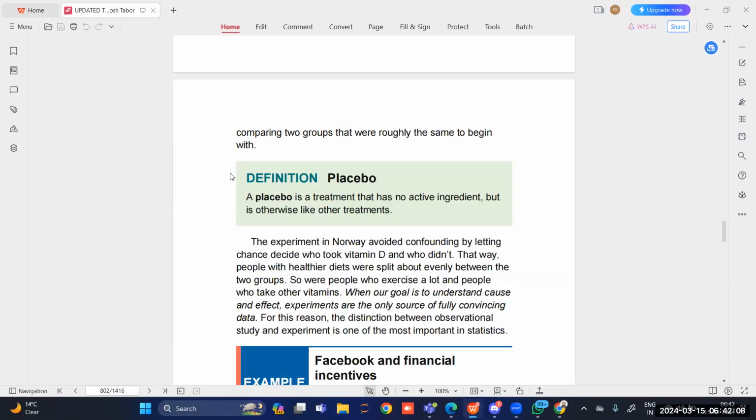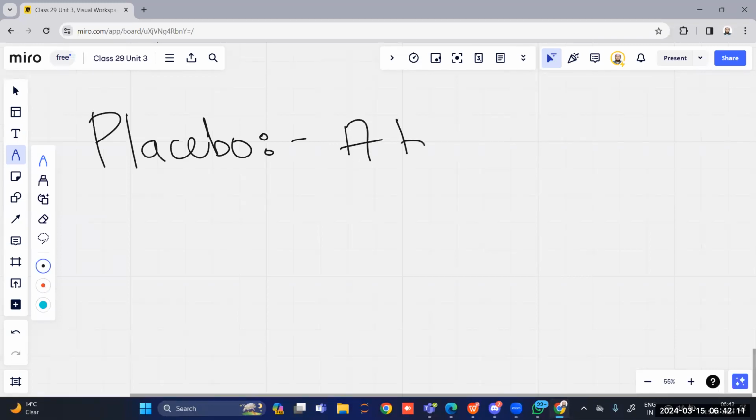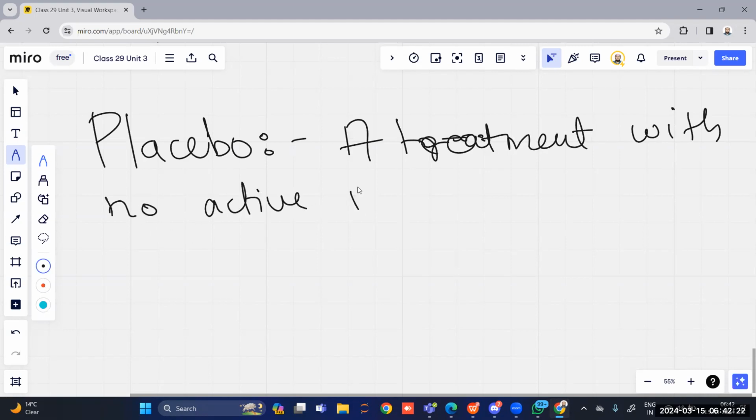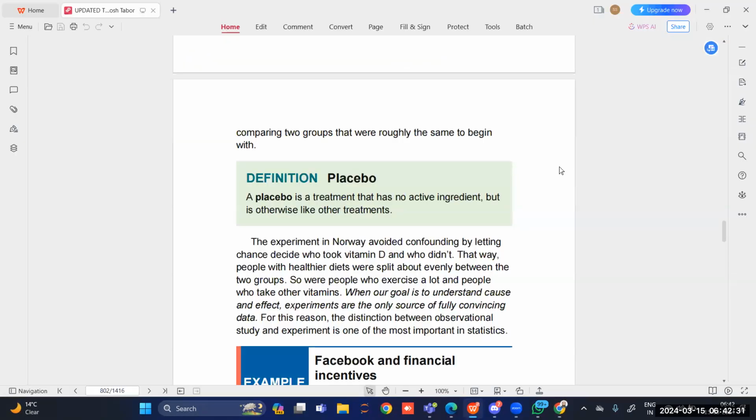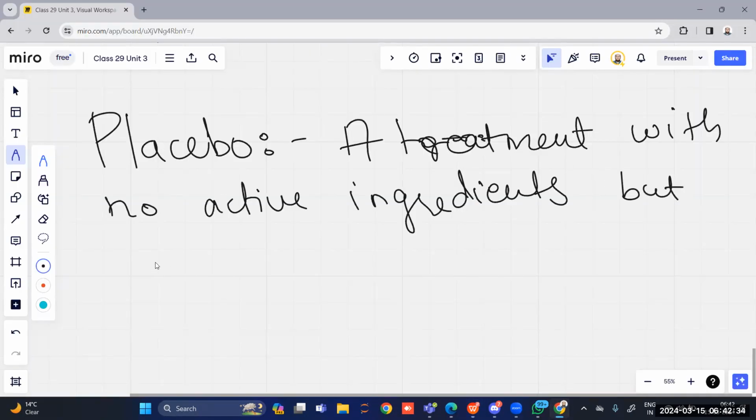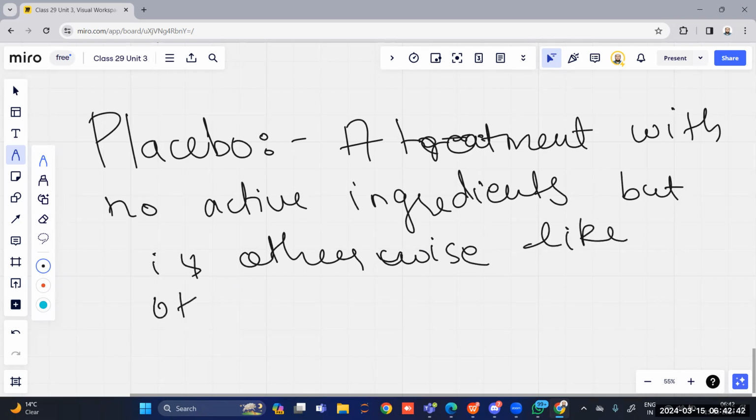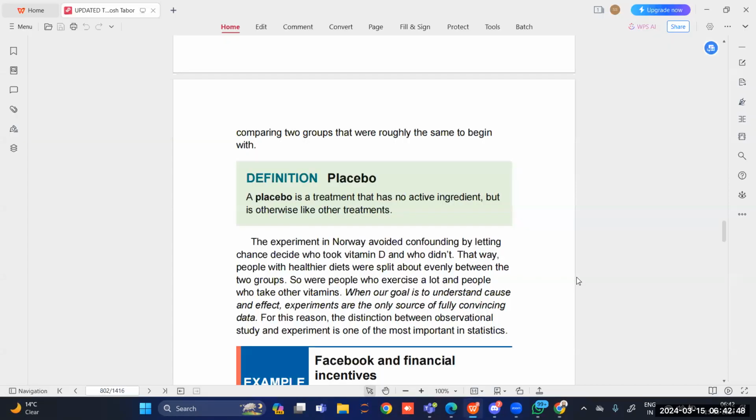It is a treatment with no active ingredients but is otherwise like other treatments. So we'll read the above context once again.